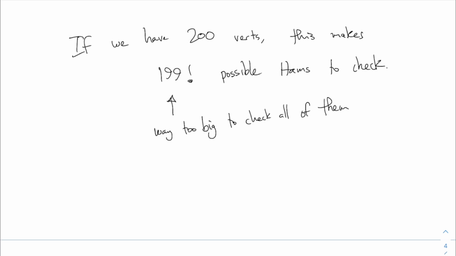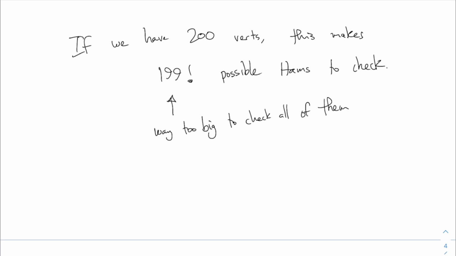Really, what is a realistic time frame for this problem is, you have to be able to solve this every morning. So at least less than 24 hours is the time that you have to solve this problem every day. And at this scale, this is simply impossible, even using all the computing power of the planet. You would not be able to check all of the possible Hamilton circuits every day.